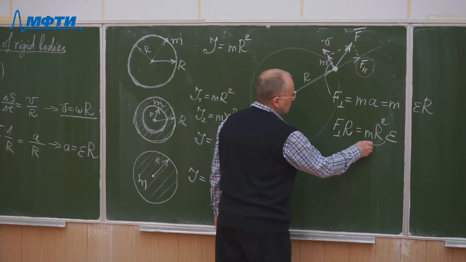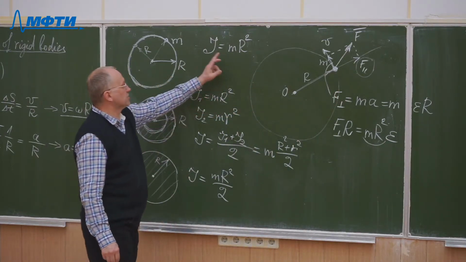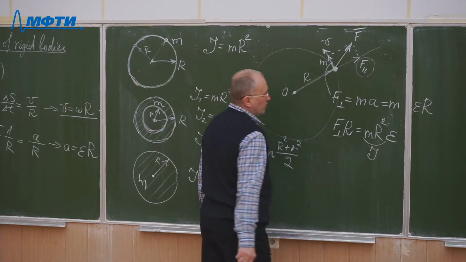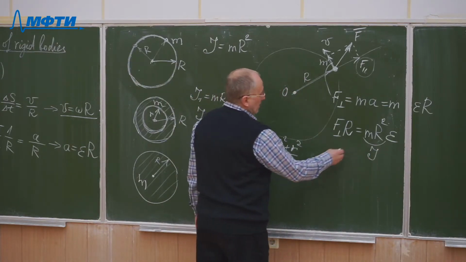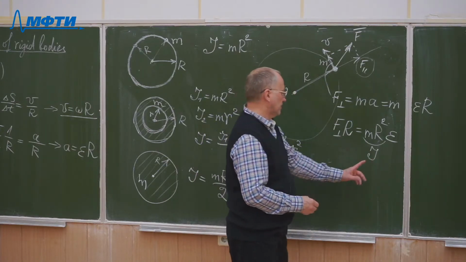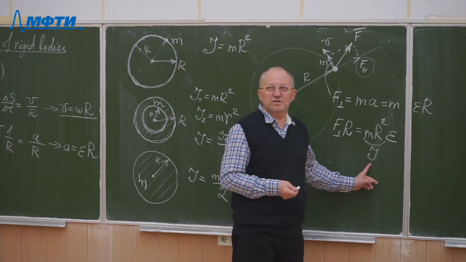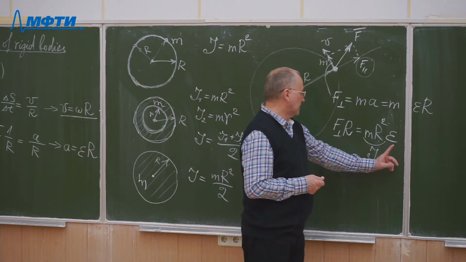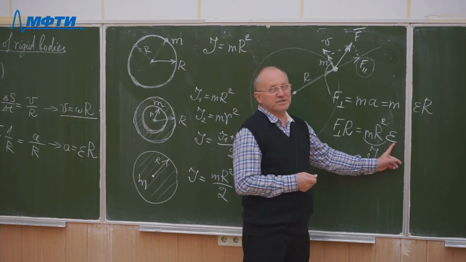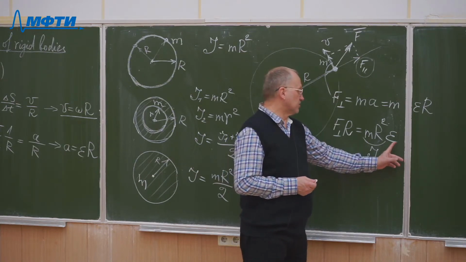Because it includes m r squared, which is by definition the moment of inertia of this material point. Moment of inertia characterizes the inertial properties of a rotating body, and along with the moment of inertia we have angular acceleration, which also refers to rotational motion.